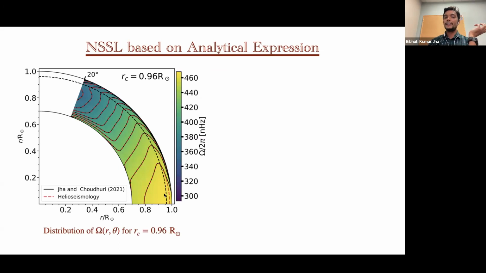So we say that could be the possible reason for this, but we are not sure why we see the difference. Also, maybe we can tune RC even more; we have tried 0.95, 0.96 and 0.97, and we have not tested further, because our idea was not to exactly match the observation. Our idea was to see whether the model is able to produce the observed NSSL or not.